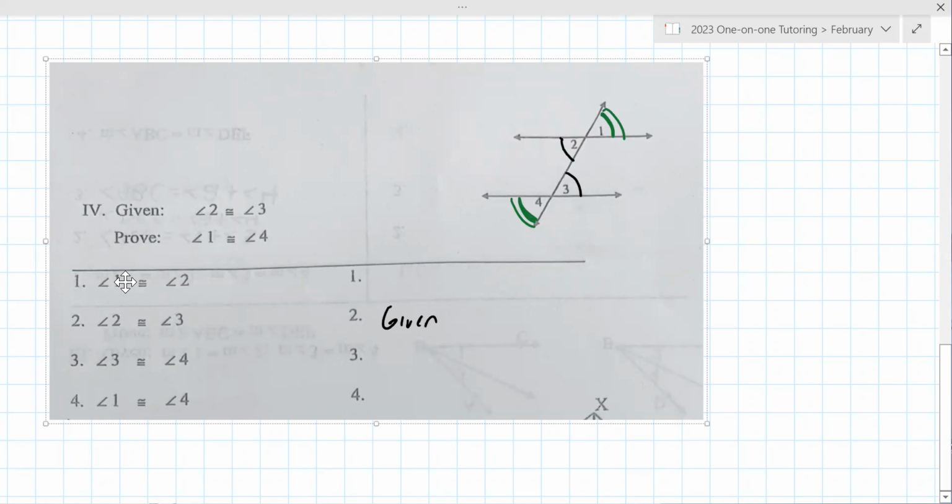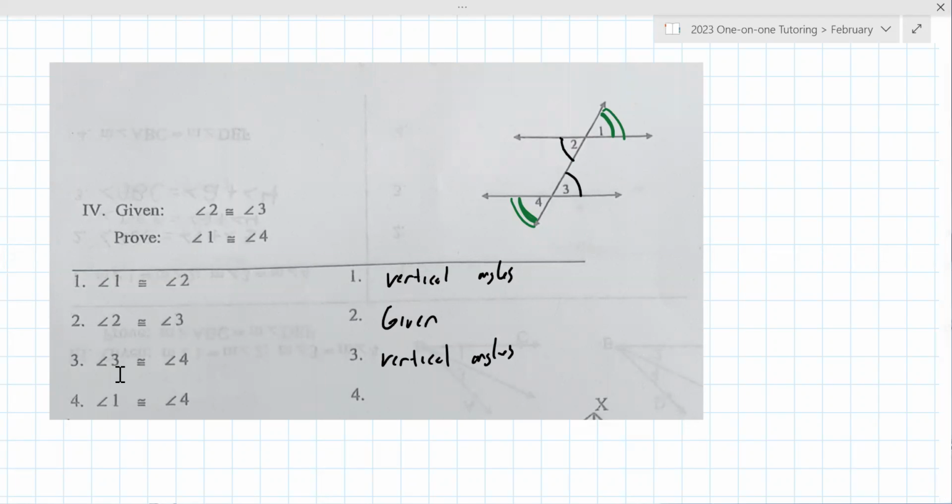The reason 1 and 2 are congruent is what are called vertical angles. And that's the same for 3 and 4. They're congruent by vertical angles. And it's a bit of a leap, but they're saying basically that instead of angle 3, because angle 1 is congruent to 2 and 2 is congruent to 3, you can put a 1 instead of 3. That's the transitive property.